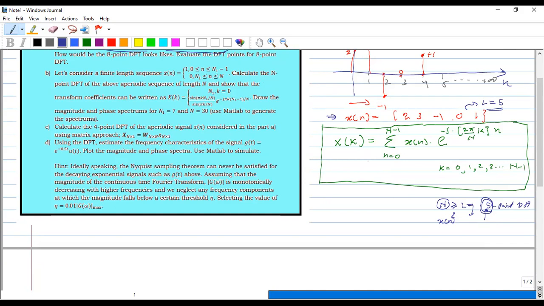Normally the number of points is a power of 2, that means 2 to the 1, 2 to the 2, 2 to the 3, so on.